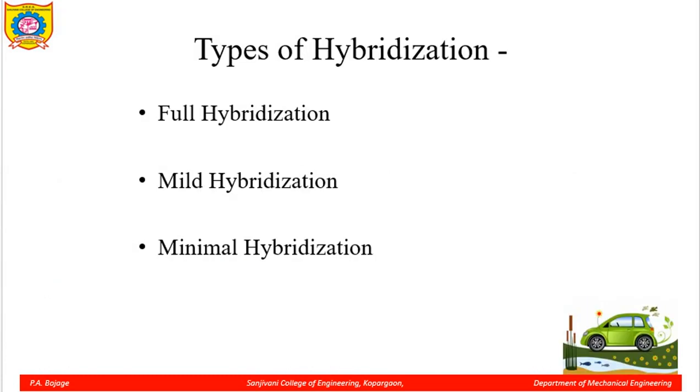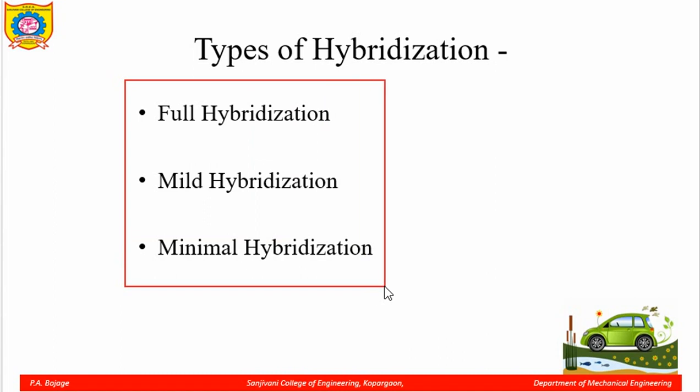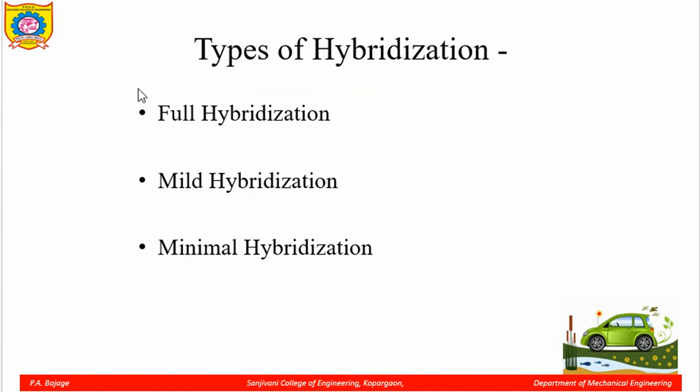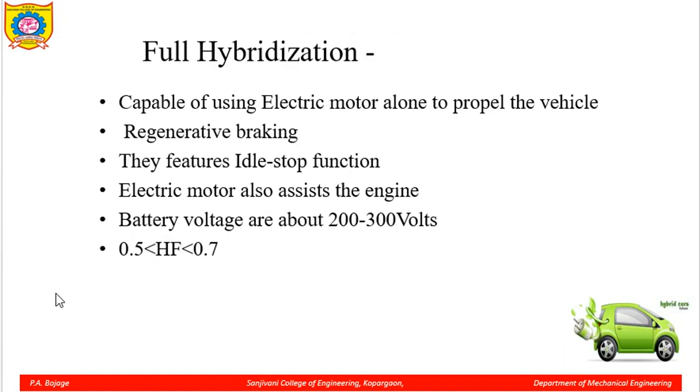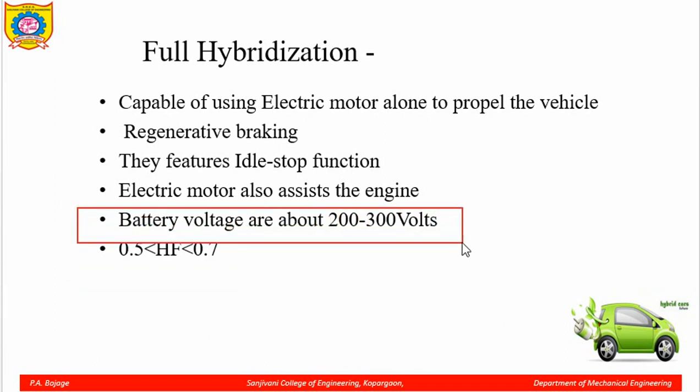With detailed diagrams we have seen what is full hybrid, what is mild hybrid and what is minimum hybrid. These three things we have already seen with the diagrams in previous slides, you can refer. Full hybrid is a vehicle where the hybridization factor is 0.5 to 0.7, and the voltage capacity of the batteries is 200 to 300 volts, powerful batteries.